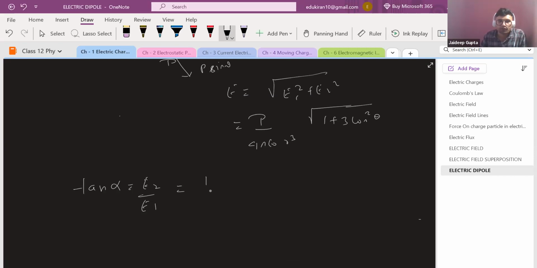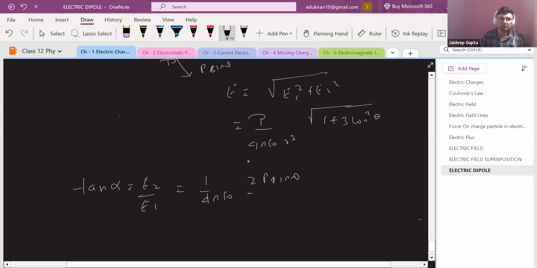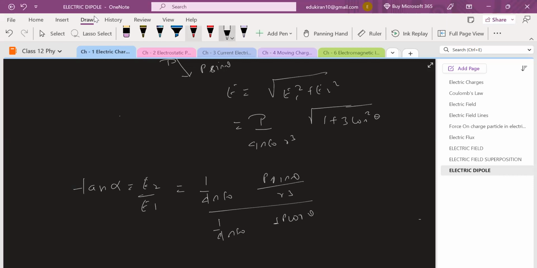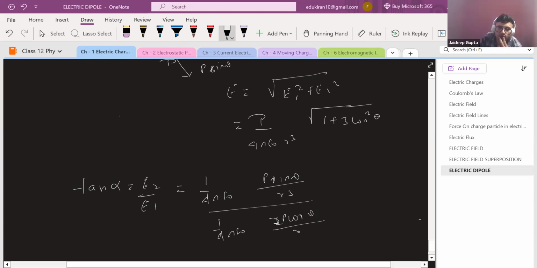That is E2, 1 over 4 epsilon P sin theta over R cube, divided by E1, 1 over 4 epsilon 2P cos theta over R cube.